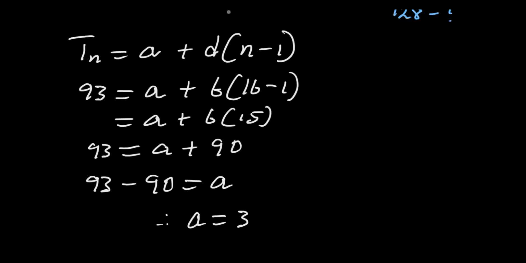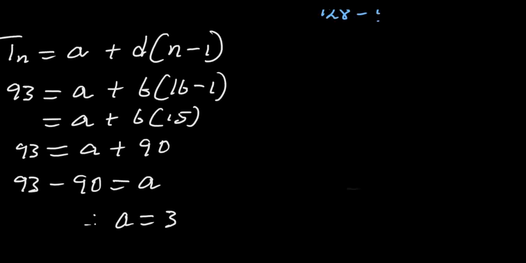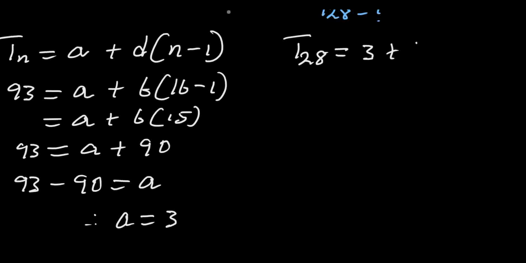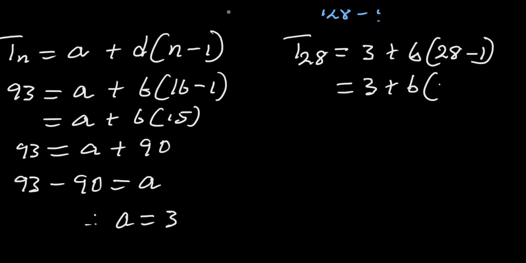Now, from here, we can now find the 28th term. So the 28th term is equal to 3 plus the common difference, which is 6, times 28 minus 1. So this will be equal to 3 plus 6 times 27.